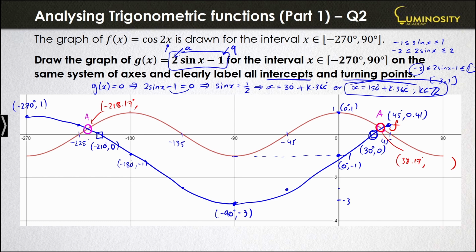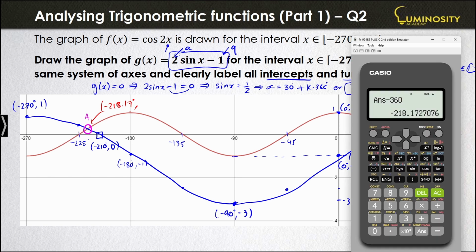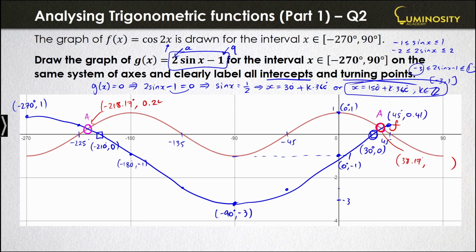Okay, so we just need to put these values into any one of the functions and we'll get the answer. So I'll just use f of x equals cos 2x. So cos 2 times negative 218.17 degrees. You can also use the exact values, it's fine. So you get 0.24 to 2 decimal places. Okay, that's the one coordinate of intersection.